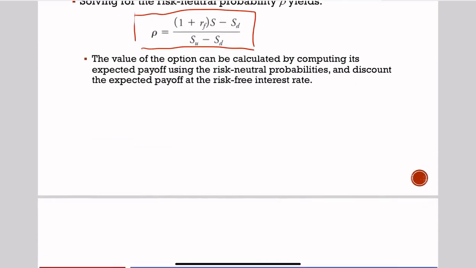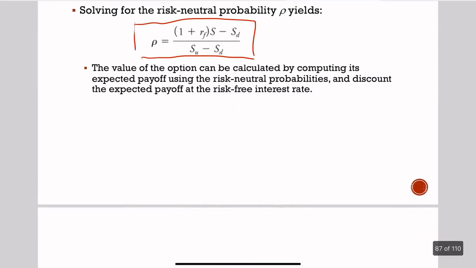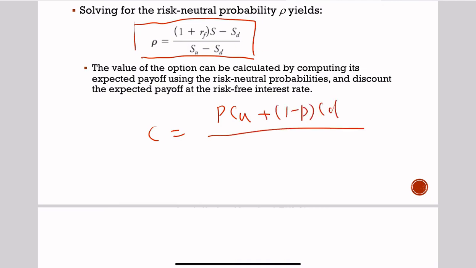And next, obviously, we could value the call. Call option would be the risk neutral probability times CU, that is the call's payoff if stock price increases, plus 1 minus P times CD, and discounted by the risk-free rate, right?